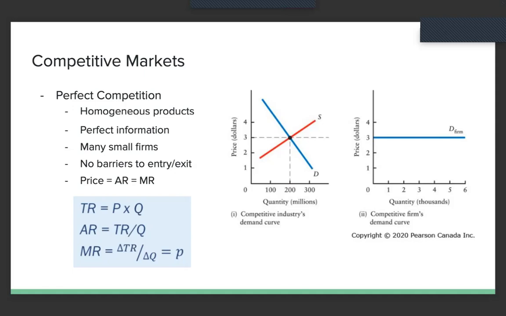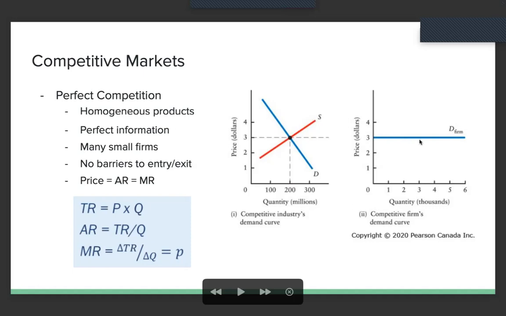It takes the price given to it by the industry, by the set of all the firms. So this is just a technicality to show that each firm's output level decision doesn't really affect the price of the industry.